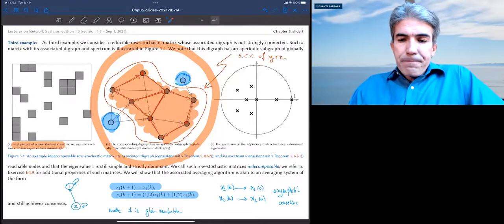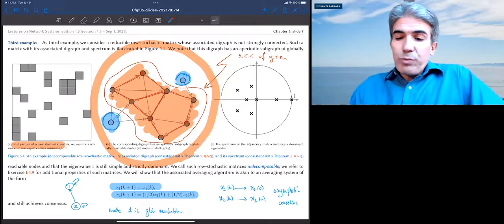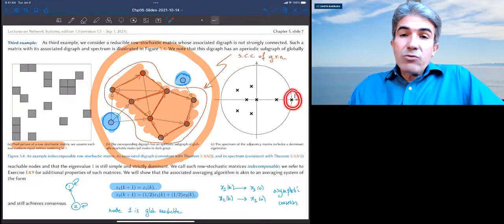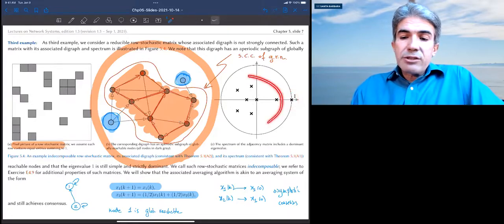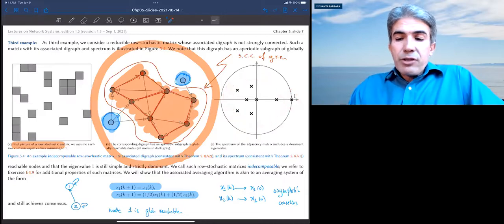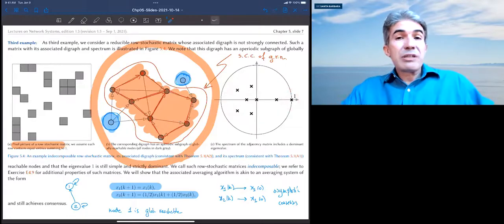Now, it's important to spend a second on the picture on the right. This is illustrating that there's an eigenvalue at 1, and all of the others are inside. Let me remind you, there was a property in chapter 2 called semi-convergence.